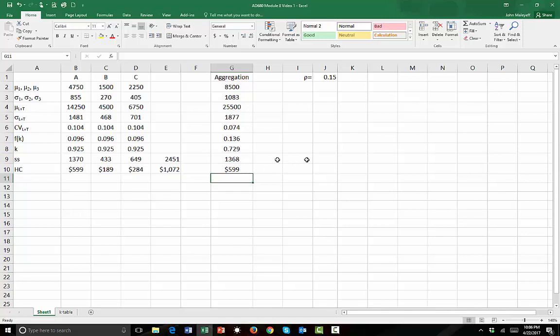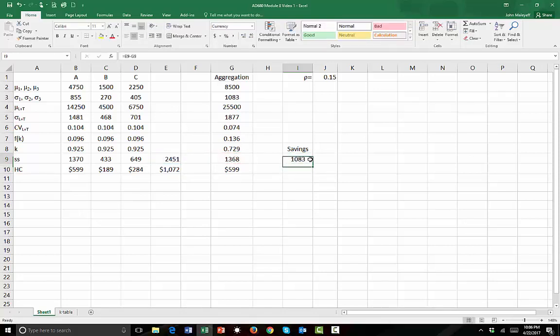Now we can come over here and put a label right here, savings. This is savings for the centralized system, and these values will be equal to the decentralized minus the centralized.